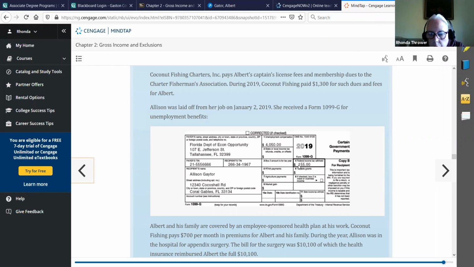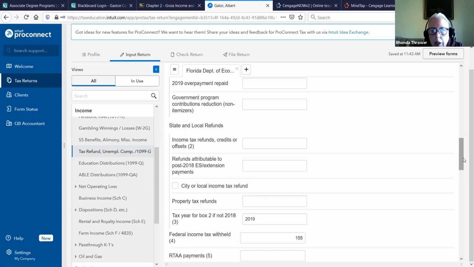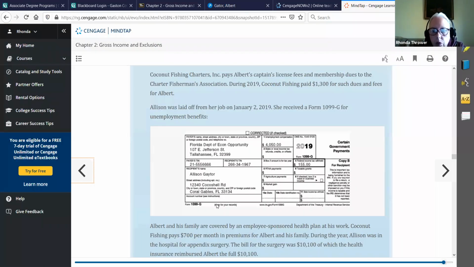There's nothing in box 2, but there was some income tax of $155 that was withheld. This would be the tax year of 2019. And that's all I'm going to put in right there. That's everything that we have on this form.